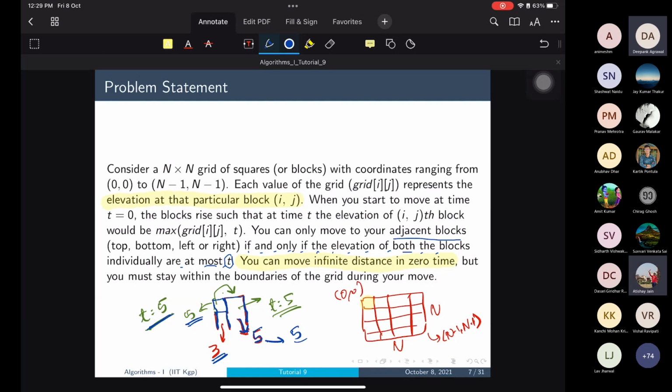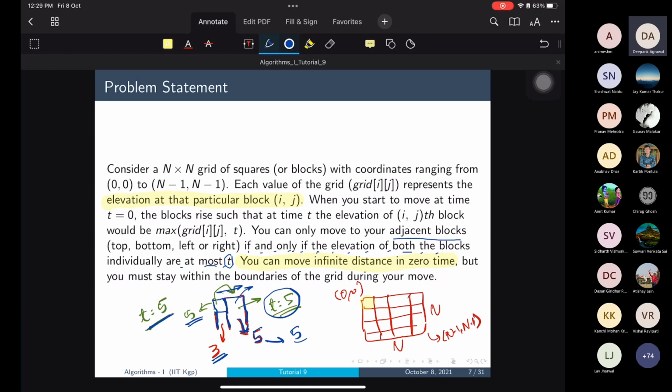So you can easily move to the next block at t equals 5, right? Yes, sir. And since you can move infinite distance in 0 time, when you move to this particular block, the time will still be t equals 5.